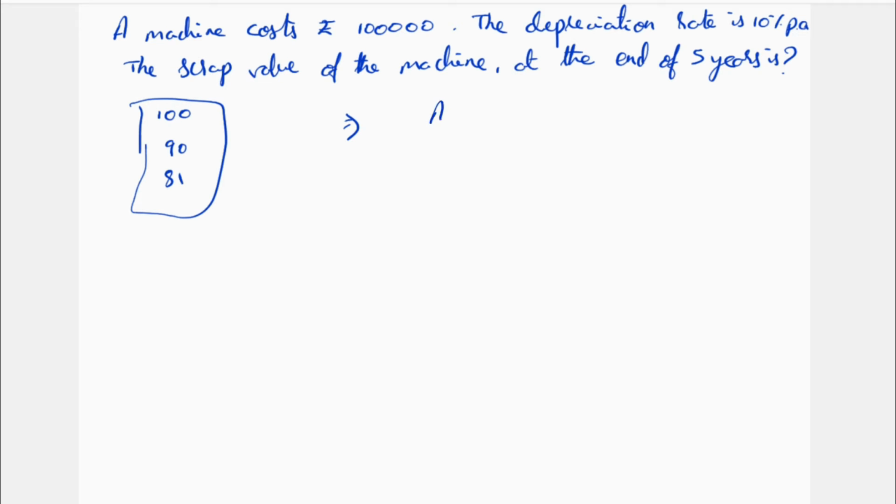So the amount at the end of the 5 years is equal to the principal, 1 lakh, multiplied by 1 minus r, that is 1 minus 10% whole power 5. That is 90% into 90% into 90% into 90% into 90%, 90% raised to the power of 5.